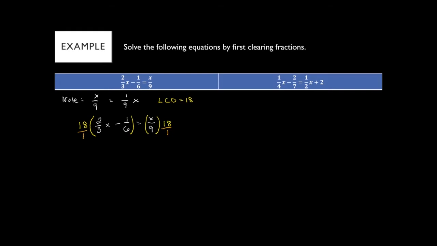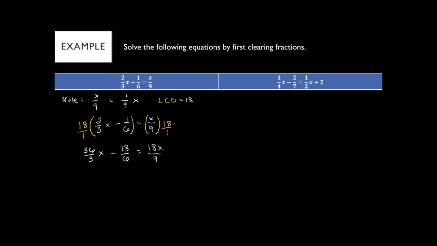So when I multiply the first fraction on the left, I'm going to distribute. 18 times 2 is 36, so I get 36 over 3, and then I have my x. And 18 times negative 1/6 is going to be 18 over 6. And on the right side, I'm going to get 18x over 9.